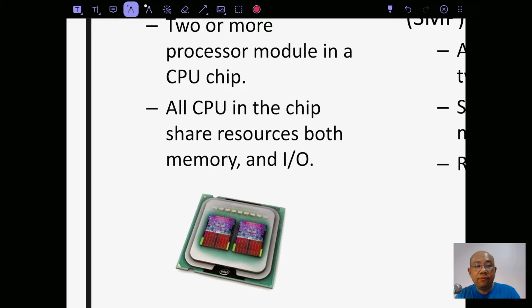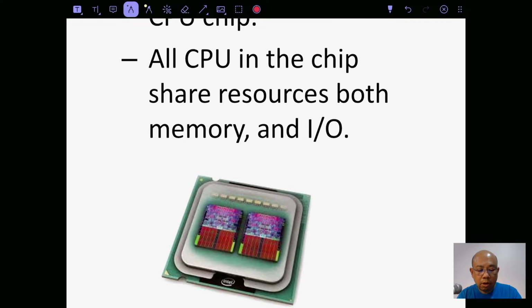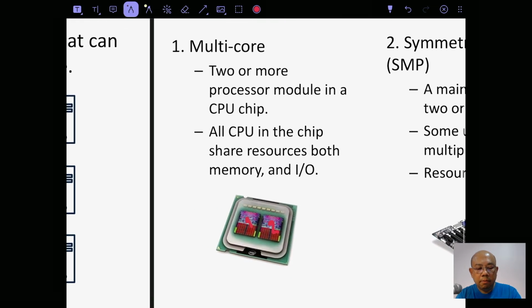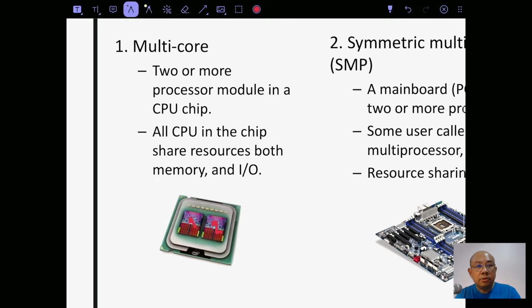This is different from a single core. In this picture, the CPU has 2 cores. That is what we call multi-core. The multi-core works like parallel processing.